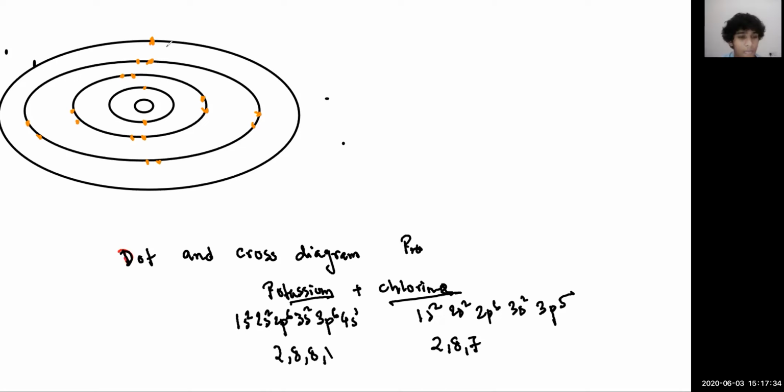Because the fourth shell's first electron goes in before the third shell fills up. If you see the electronic configuration, it's 3s2, 3p6, 4s1. So after we fill up the 4s, then the 3d will start.